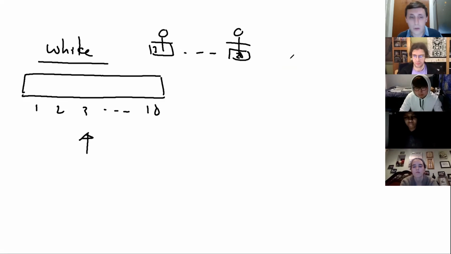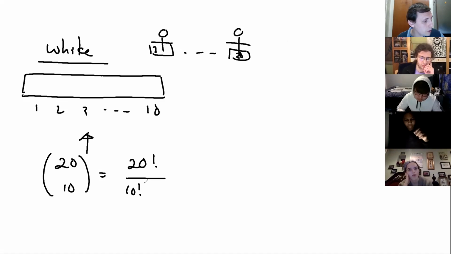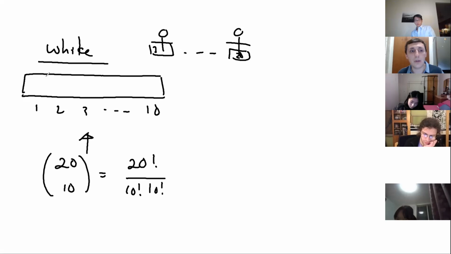No, no, no. 20 choose 10, or 20 factorial divided by 10 factorial, 10 factorial. I did not finish. This document so far specifies only how to select the people playing the white pieces.